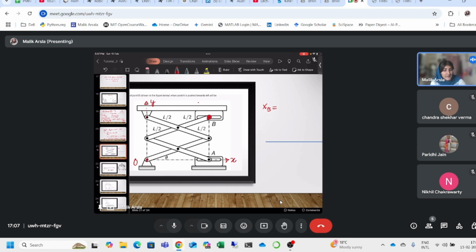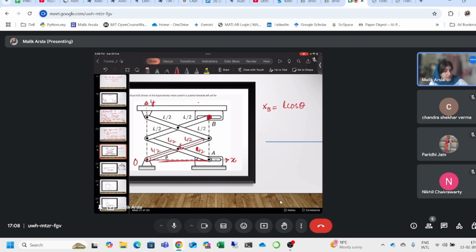This length is L by 2, this is L by 2, all of these are L by 2, right? So what is the x coordinate of B? This is L by 2 plus L by 2, so this whole length is L. So the x coordinate will be L cos theta.